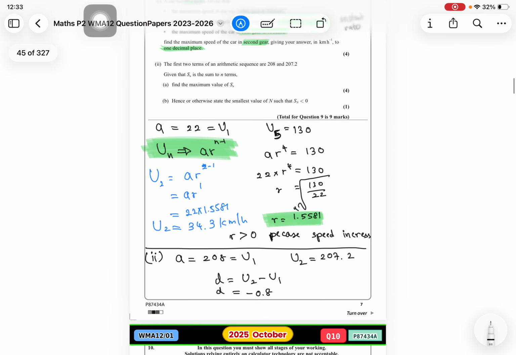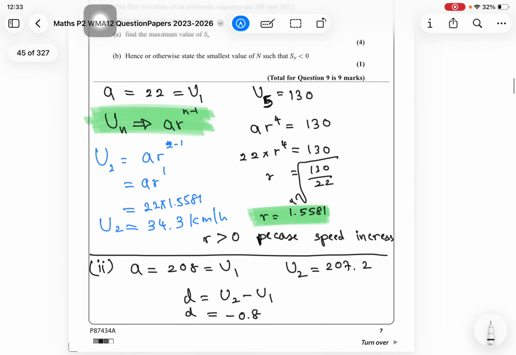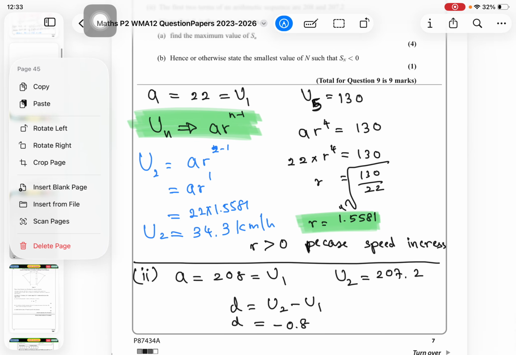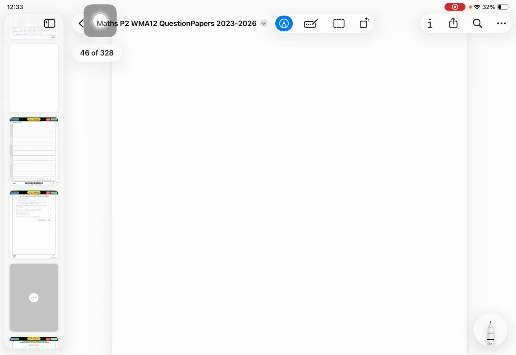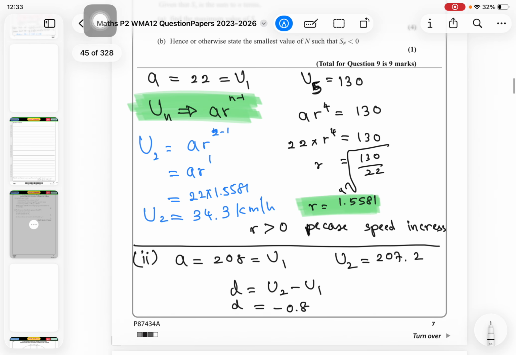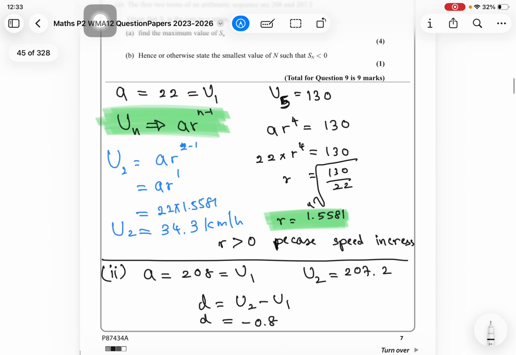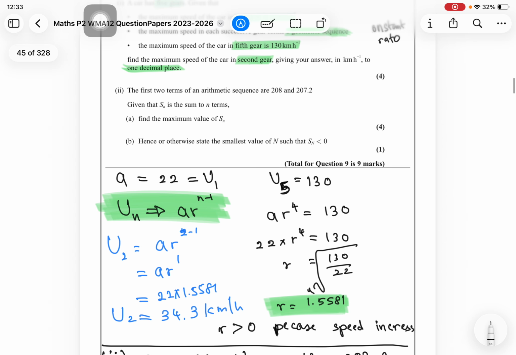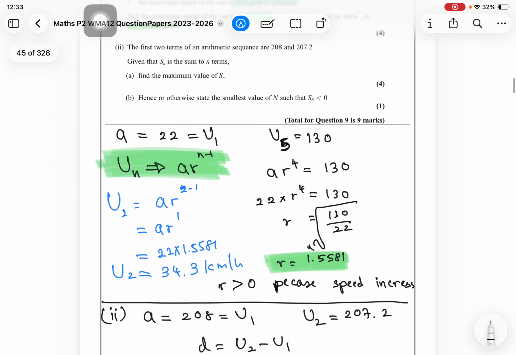Since it's the next question, let me take some space, a new page. So this is part 2. Given that Sn is the sum of this, find the maximum value of Sn.